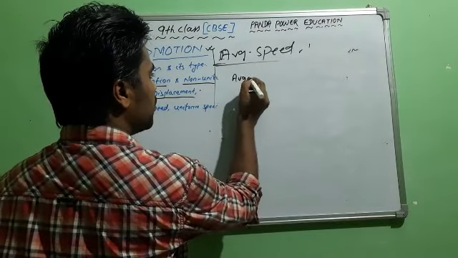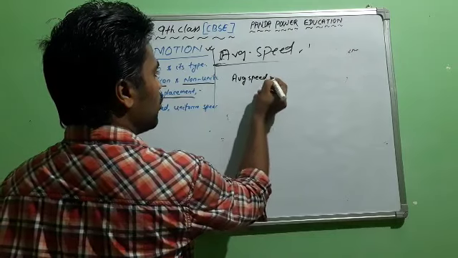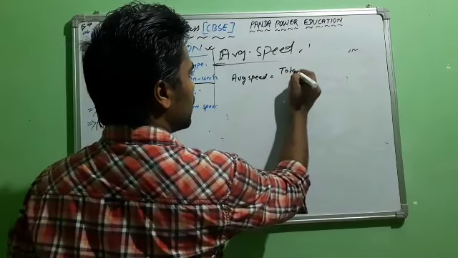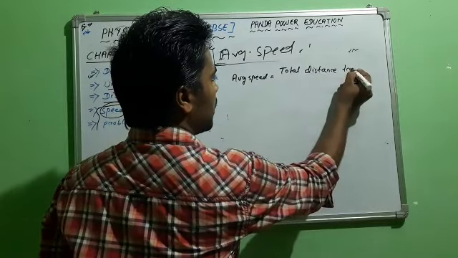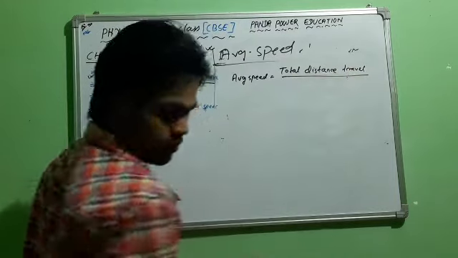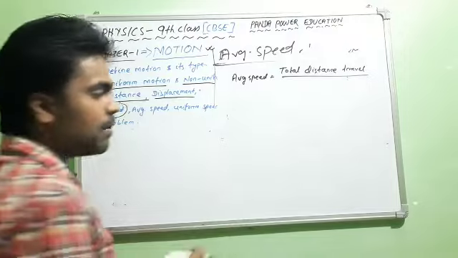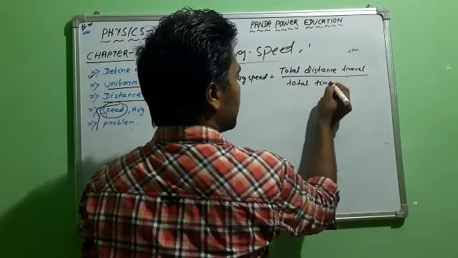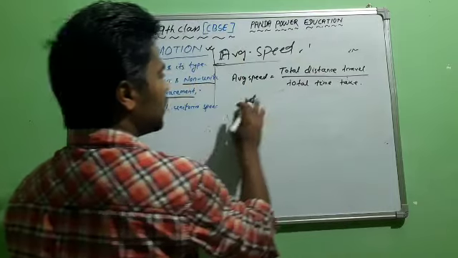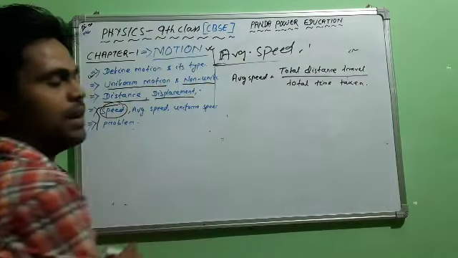Average speed is equal to total distance travelled divided by total time taken. Got it, students? This is called average speed.